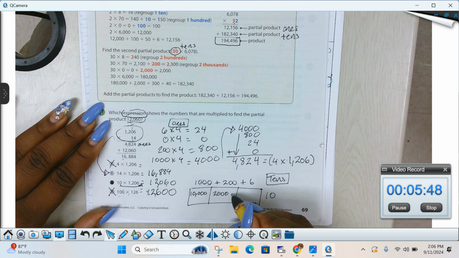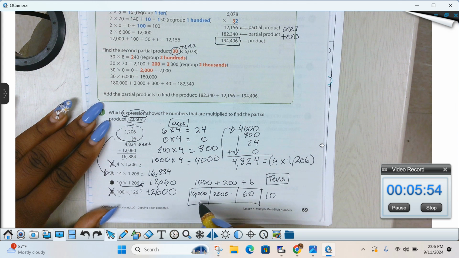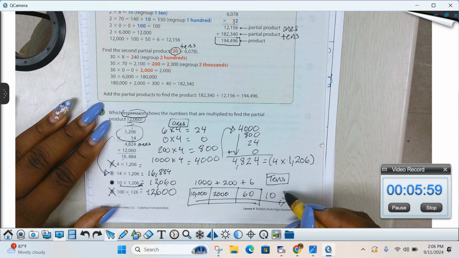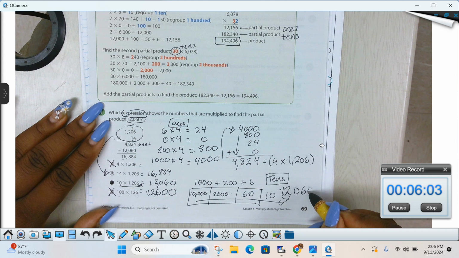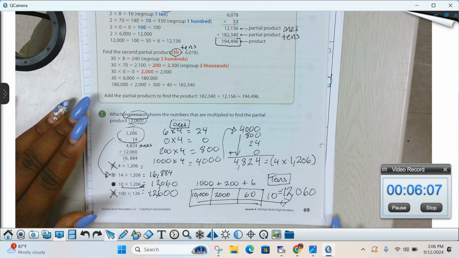And then I'm going to drop another 0 behind 200. I get 2,000. 6 times 10 is 60. You put that together, what do you get? Yep, 12,060. And so the answer is C.